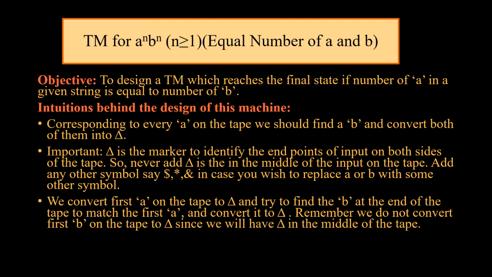Now the approach which we will follow is that we will first convert the very first A on the tape with delta and try to find the B at the end of the tape to match with the first A. We do not convert the first B on the tape because if we tried to convert the first B, then we would get delta in the middle.